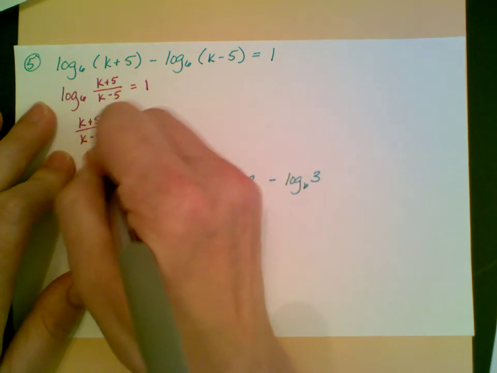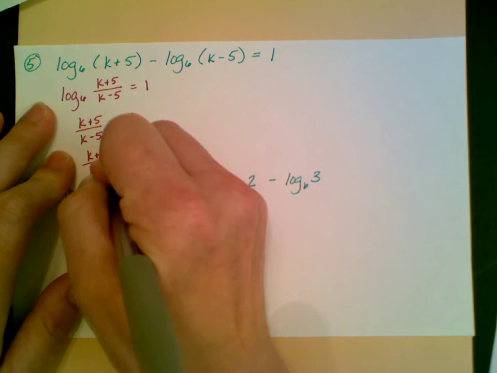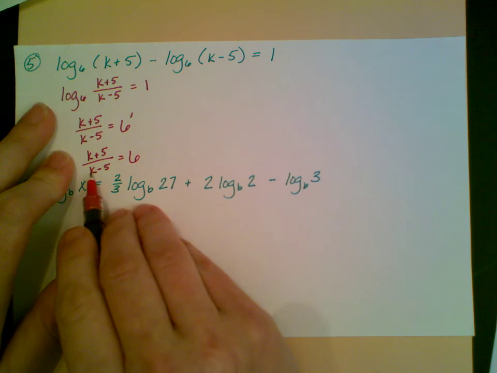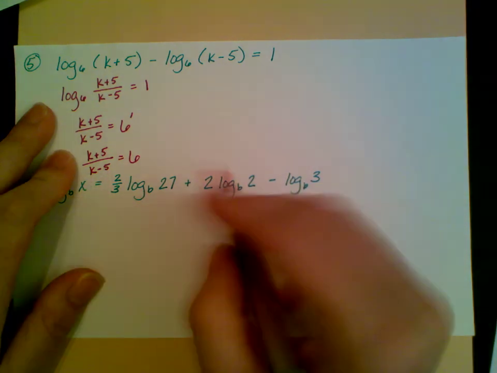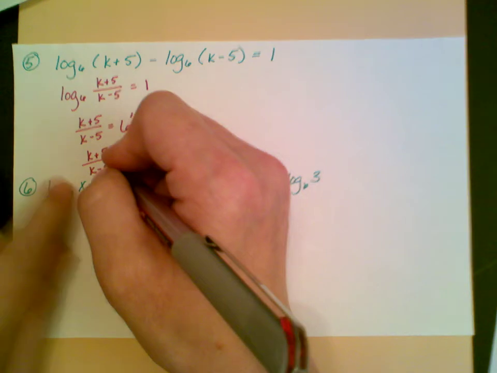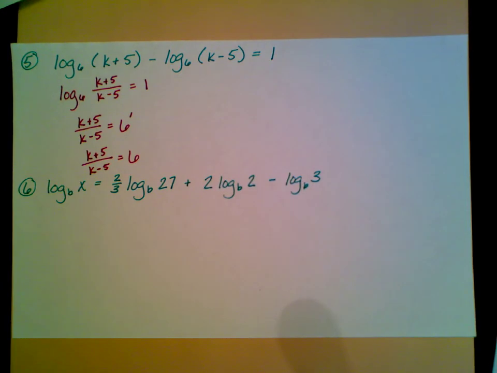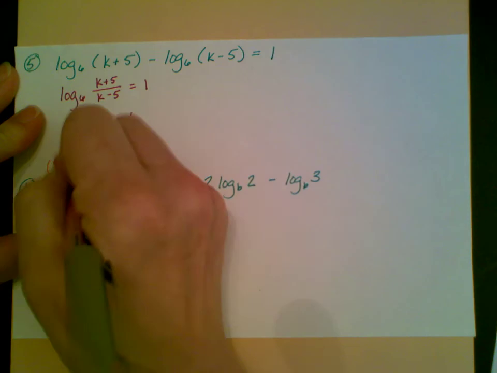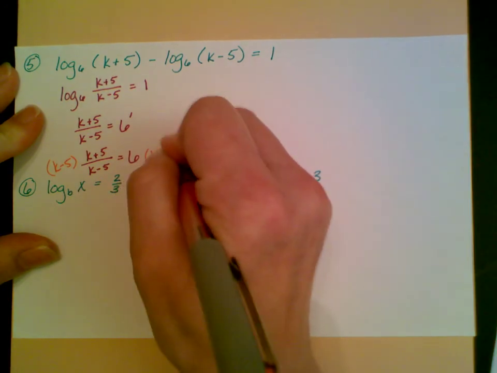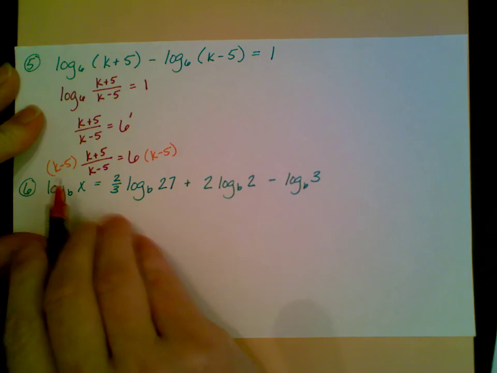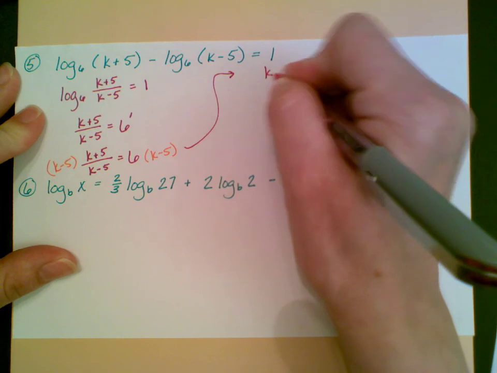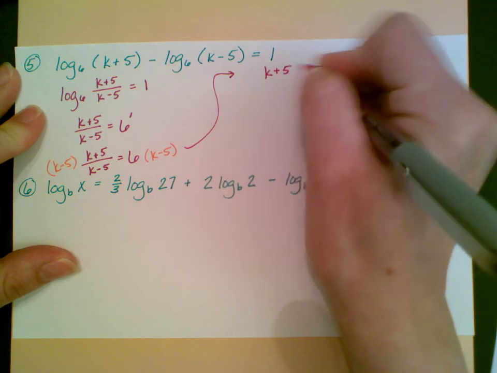So if you wanted to rewrite that, now I need to get this k out of the denominator. So I can multiply both sides of this by k minus 5. On this side that will cancel out and leave me with just k plus 5.